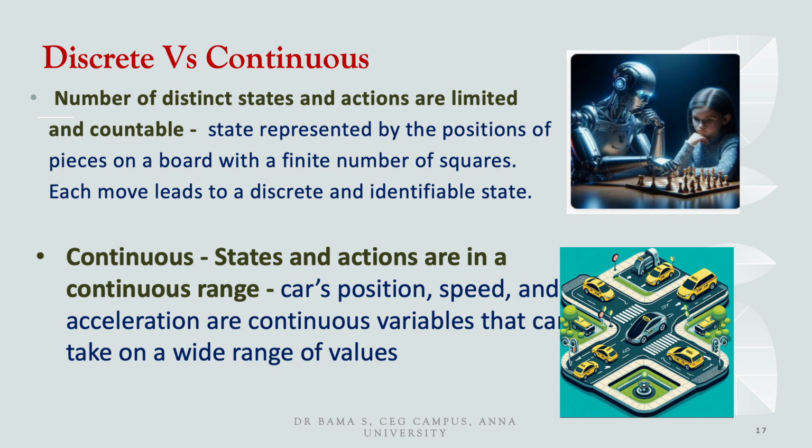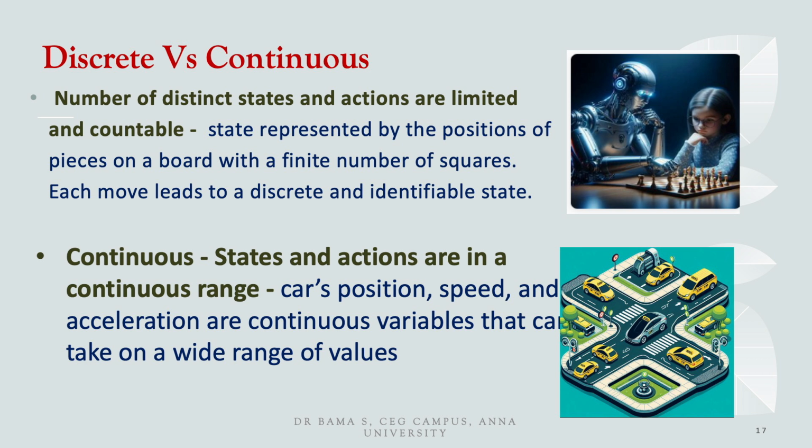Another type of property is discrete versus continuous, where in the discrete type each state is represented as a finite number of places. Say for example, if we take chess, it is represented by the pieces on a board with finite squares, and once an action is done, that state will also be known, and it is discrete in number.